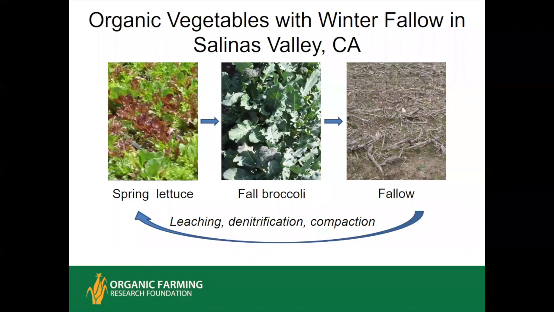Now, if the ground is fallow, you've got several really significant risks going on. You can lose a lot of nutrients to leaching or to denitrification, which produces nitrous oxide gas, a greenhouse gas that we really don't want to be letting too much into the air. And there's also a risk of compaction or other soil degradation from having no cover during the winter rainy season.